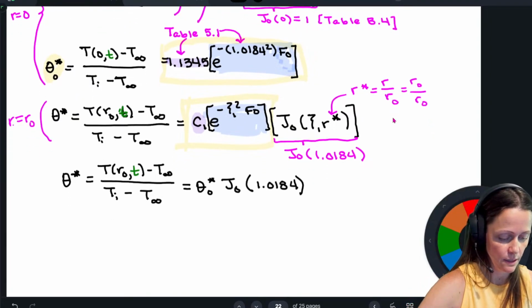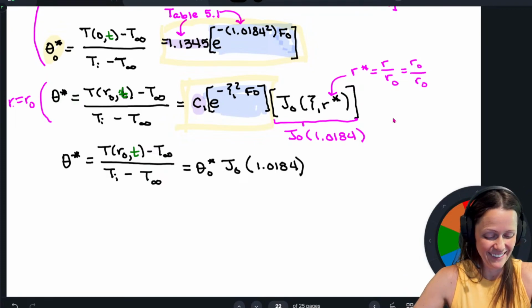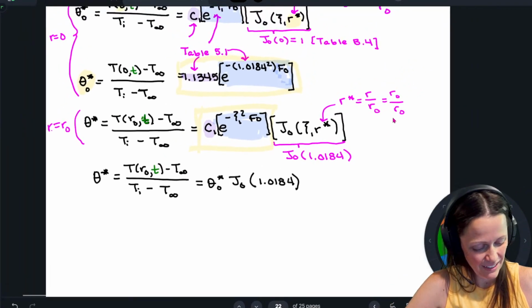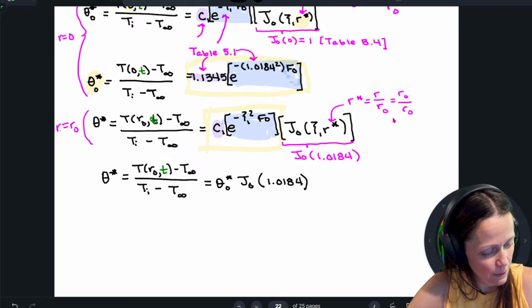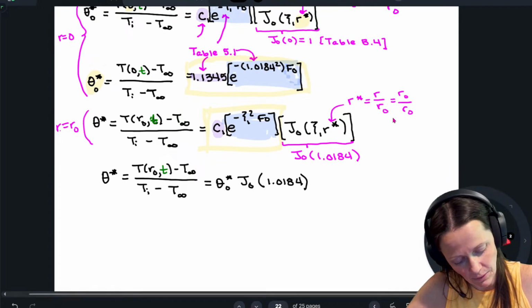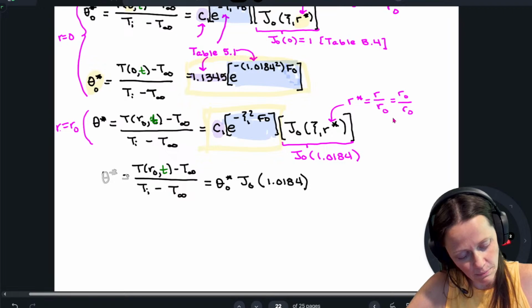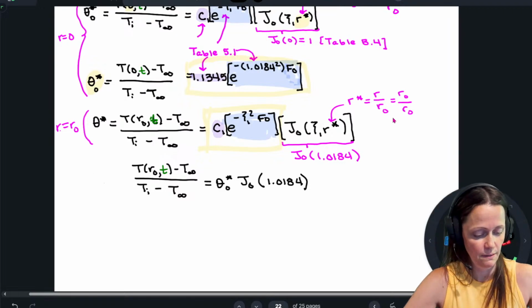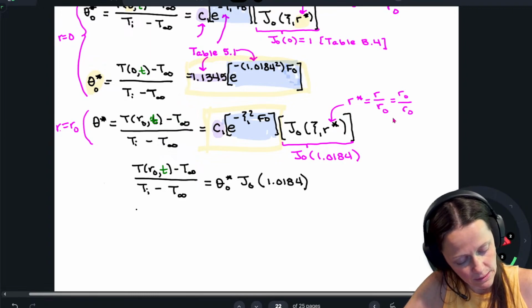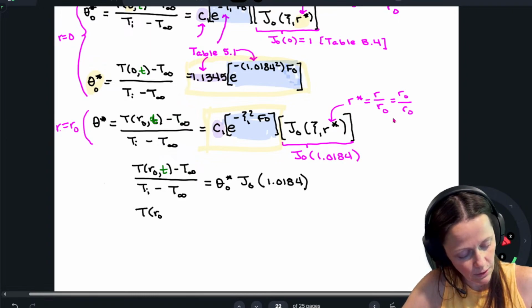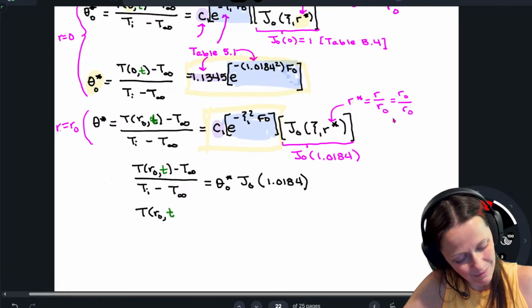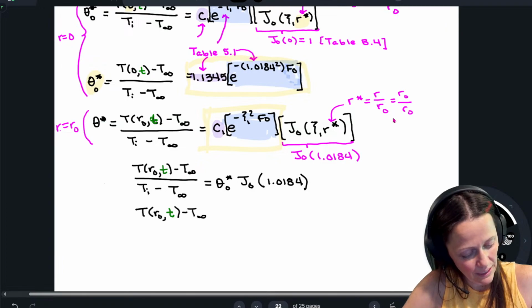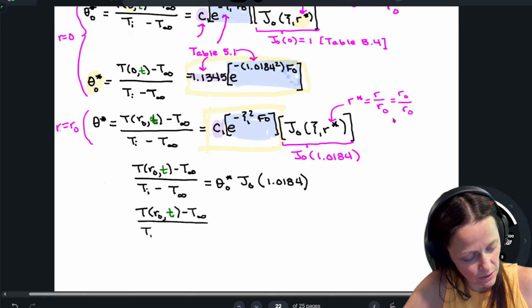All right. So now, almost there. In fact, I don't really need him to be here. I'm going to erase him. But what I am going to do is rewrite some stuff. I'm going to say, okay, still, this is T at r naught at some time minus T infinity over T initial minus T infinity.